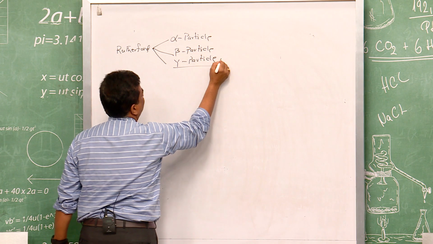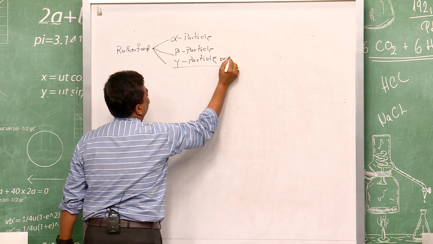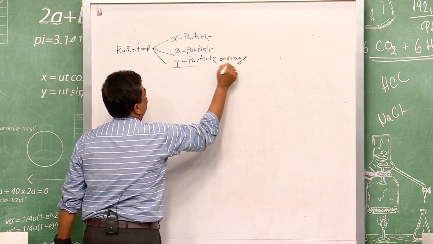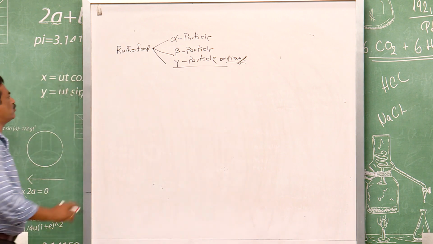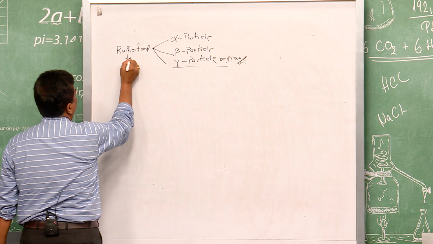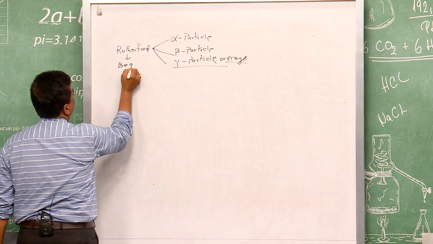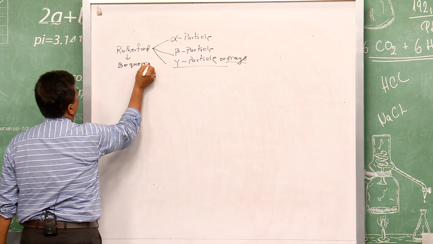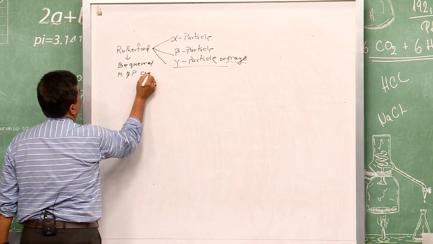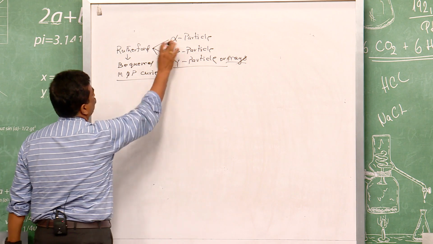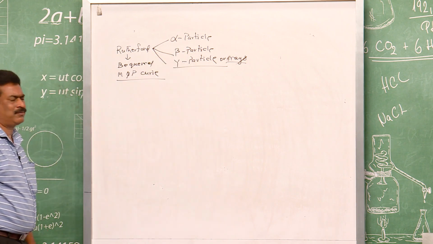The gamma particles are sometimes also known as gamma rays, because they have no mass and no charge. So, according to Rutherford, Becquerel, Marie Curie and Pierre Curie, all showed that there are three types of particles.